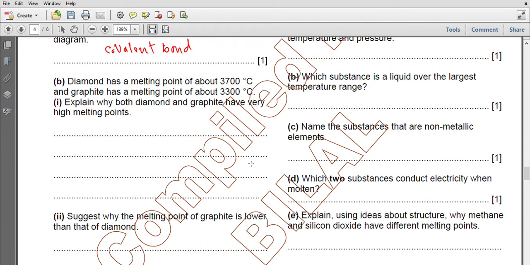Secondly, in the B part, diamond has a melting point of about 3700 degrees Celsius and graphite has a melting point of about 3300 degrees Celsius. Explain why both diamond and graphite have very high melting points.